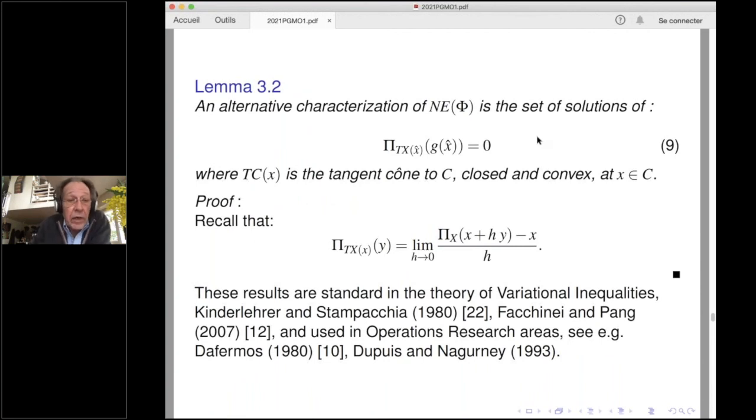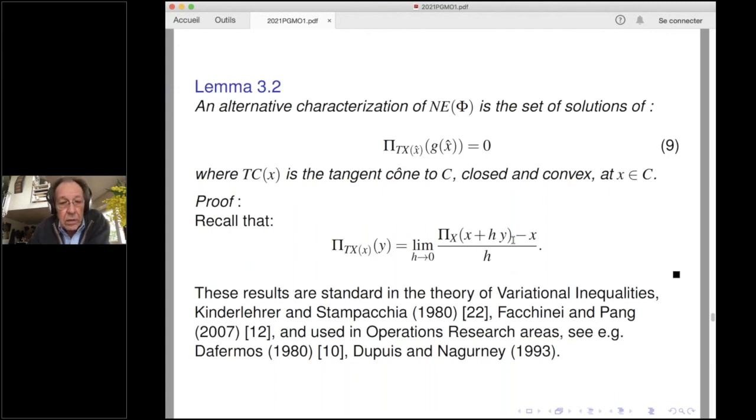An alternative characterization uses not the projection on C, but the projection on the tangent cone to C. So this G should be phi. It's just due to the fact that if you take x, you go in the direction of y, you subtract x, you normalize and take the limit, then you have the projection on the tangent space.